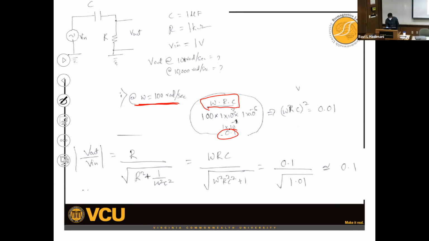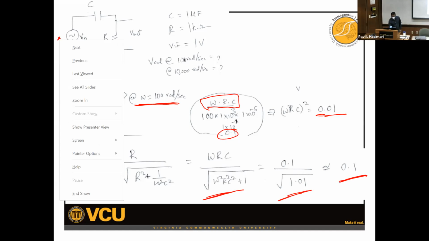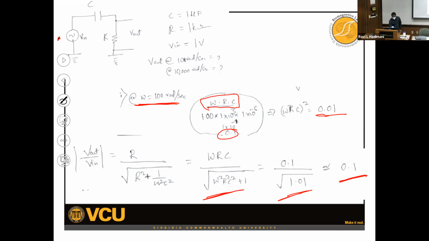So omega RC squared is 0.01. If you substitute these numbers in here, this is what you get. So the magnitude of voltage out by voltage in is equal to 0.1 at 100 radians per second.